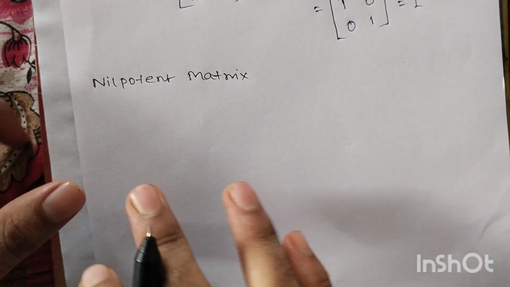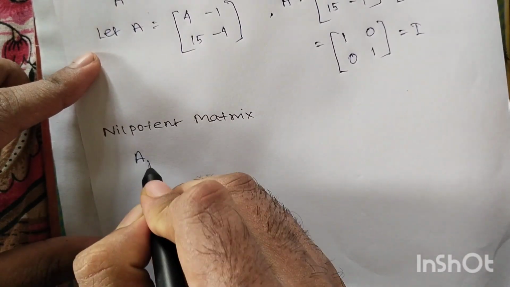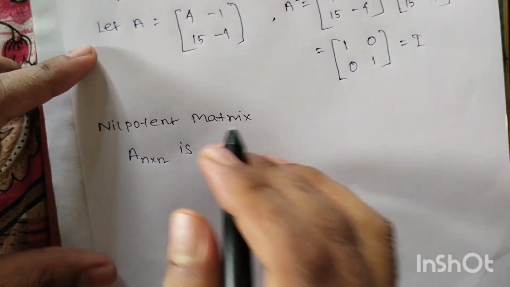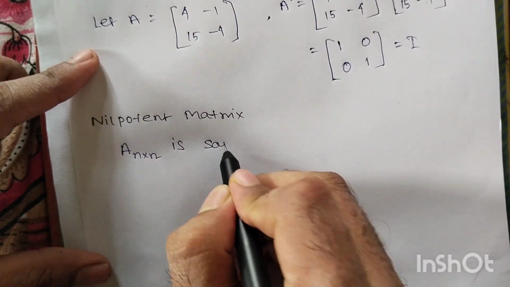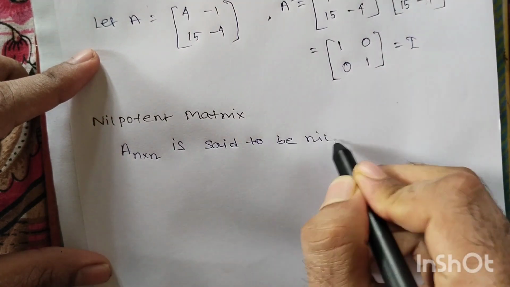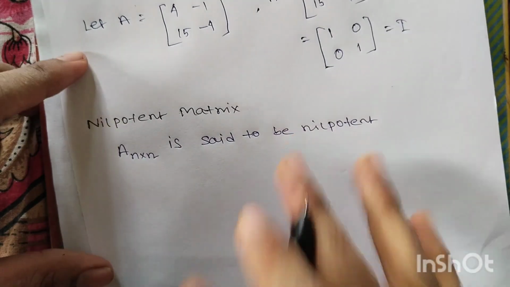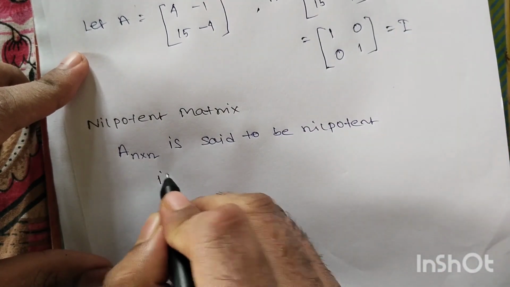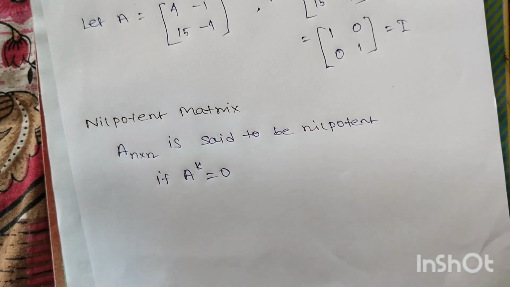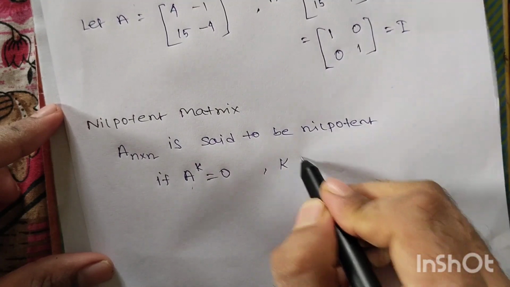A matrix is said to be nilpotent. Let A be an n cross n matrix, it is said to be nilpotent if A to the power k is 0, where k is less than or equal to n.